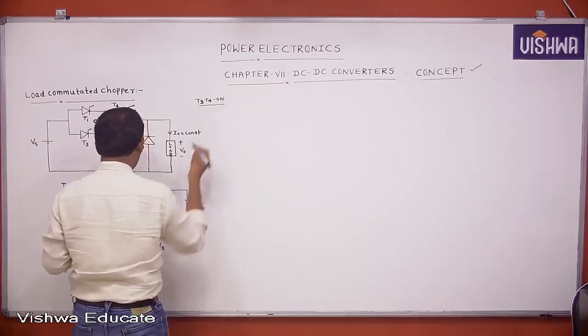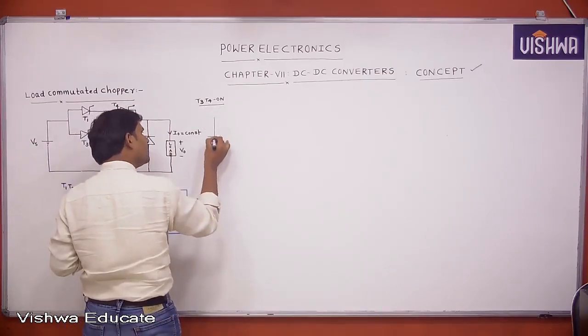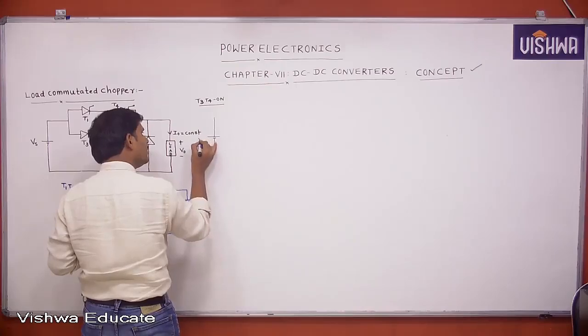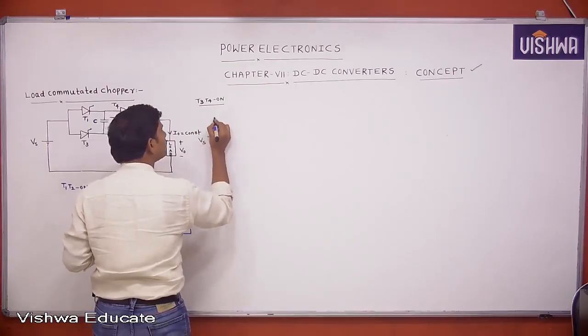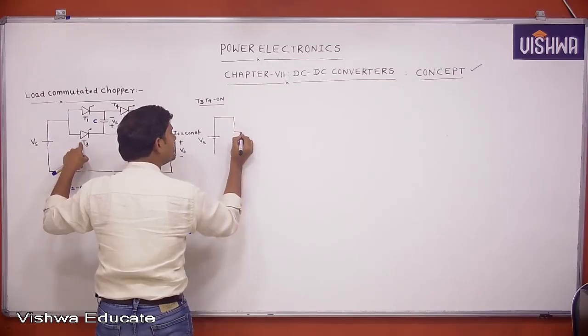If T3, T4 is on, what is the equivalent? This is Vs. This is the T3 thyristor.